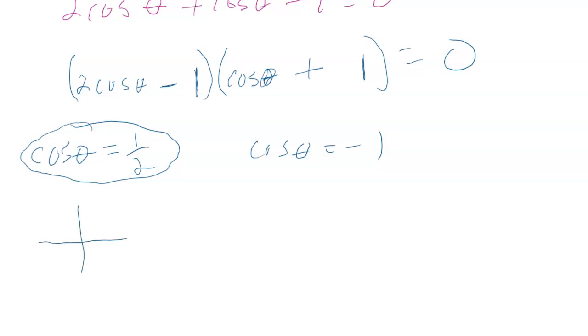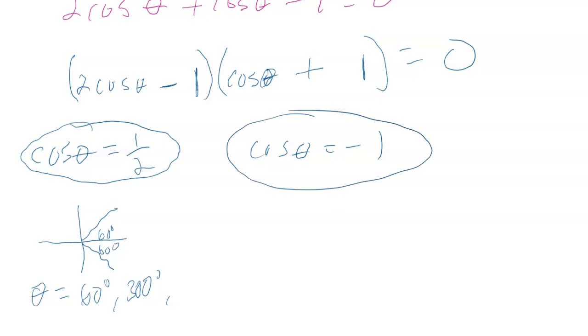On the unit circle, it's going to be the 60-degree angle, and cosine is positive in the first and fourth quadrant. So we have theta equal to 60 in the first quadrant, and in the fourth quadrant, which would be 300, it would also be 1/2.